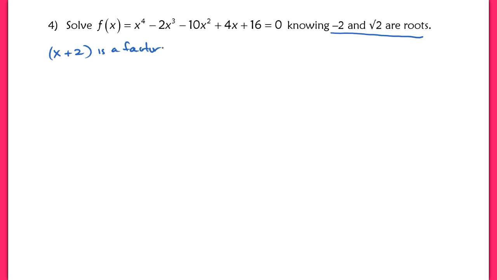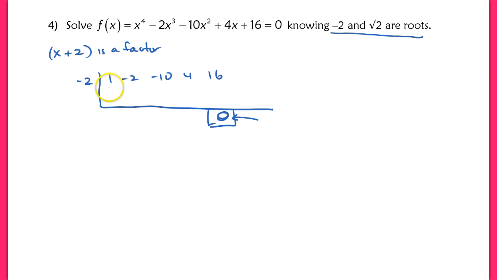Then, when we stick this into our synthetic division, we're going to put a negative 2 on the outside. We have 1, negative 2, negative 10, 4, and 16. If I use synthetic substitution here, I should end up with a 0. I'm going to predict that I get a 0 because it's telling me that x plus 2 is a factor. In other words, negative 2 is a root. Okay, so we'll check here.